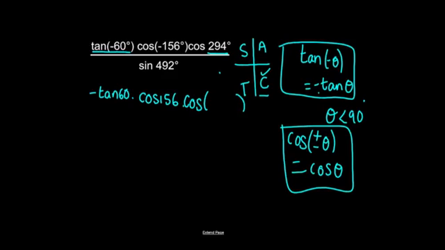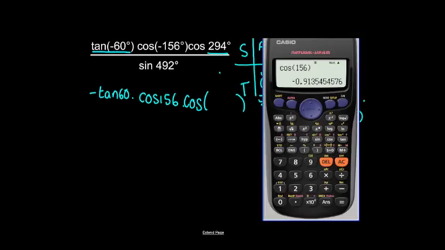So cos of 294, we know that it's in the fourth quadrant. We know in the fourth quadrant everything is 360 minus. So you can use your calculator here just for the subtraction. I mean, we're not using the calculator to get an overall answer, but just for the subtraction, we can say, well, what do I need to subtract from 360 to get 294?